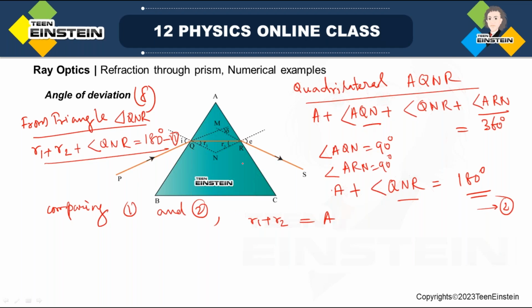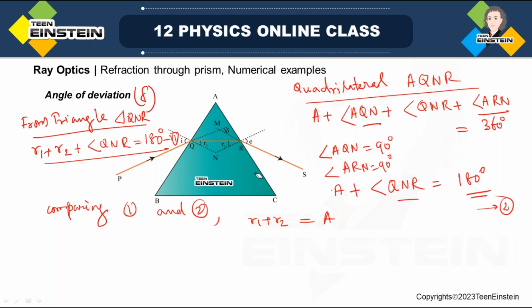In other words, we can do this experiment from this side also. We can send the light from SR, and it will be reversed, with angle of incidence then the angle of emergence E.